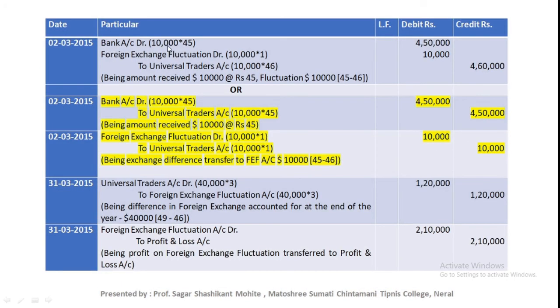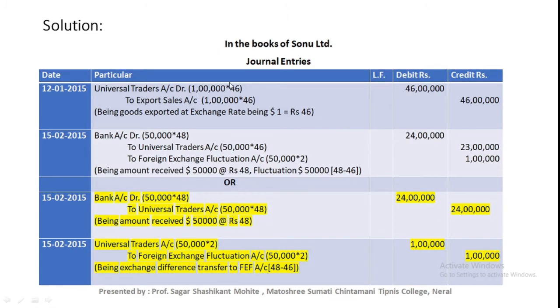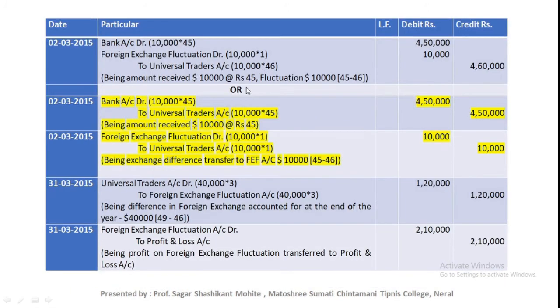So let's check how to transfer that transaction. Bank account debit, $10,000 at the rate of rupees 45, amount rupees 4,50,000. And the loss is transferred to the foreign exchange fluctuation account, 1 rupee per US dollar. Base rate is rupees 46 and current rate is rupees 45, so R1 minus R2 is equal to rupees 1 per US dollar.